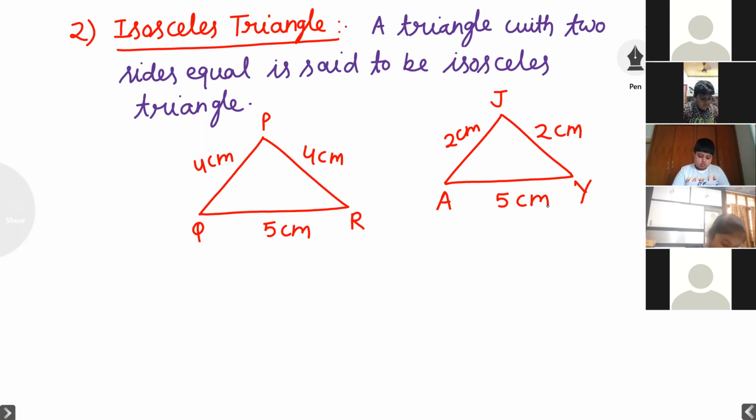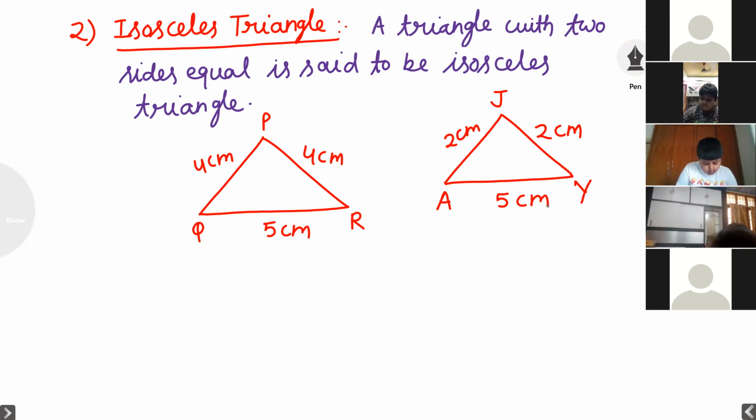What is the name of this triangle? Isosceles triangle. You are observing, students, if two sides are equal, that is called an isosceles triangle. If all the three sides are different, that is called a scalene triangle. I hope, students, you are getting my point. In a given triangle, if two sides are equal, that is called an isosceles triangle.